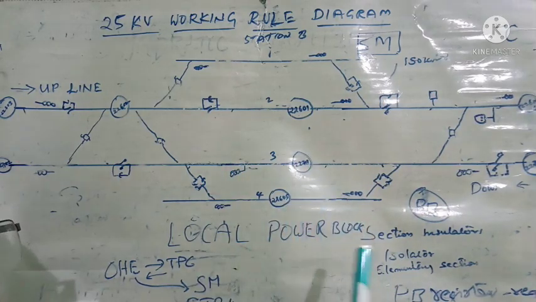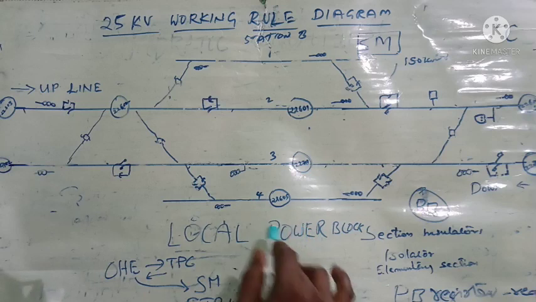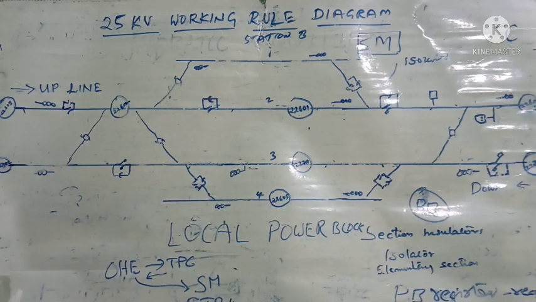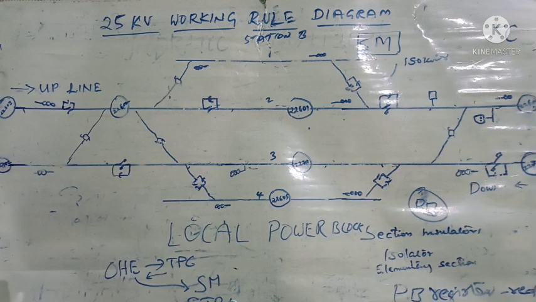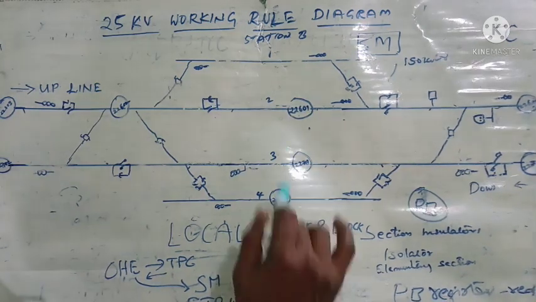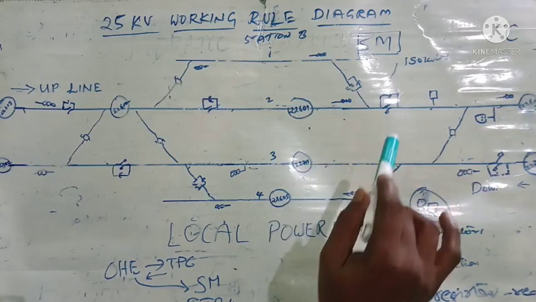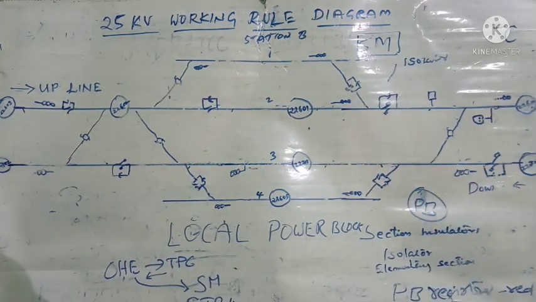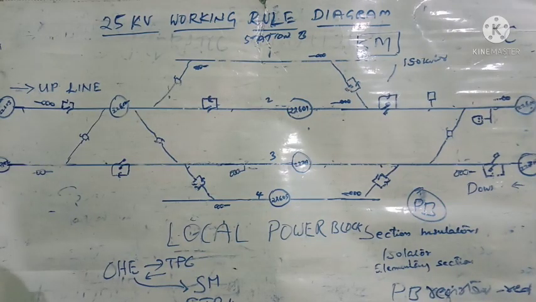In the case of the SM, it is essential to write the power block message in the power block register. There is no PN exchange here because the OH staff is directly giving this memo ETR4 to the station master. There is no necessity to give a PN or exchange a PN. On getting this message, the station master must write this message in the power block register in reading. All entries in the power block register will be in reading.